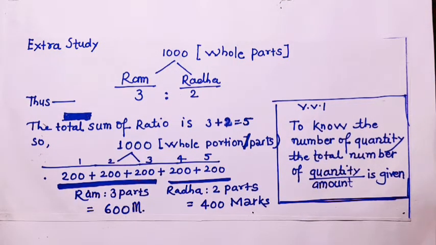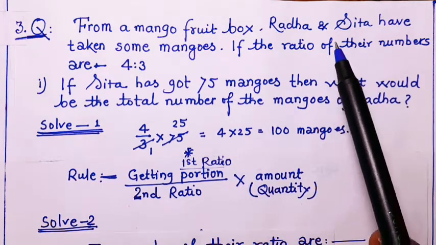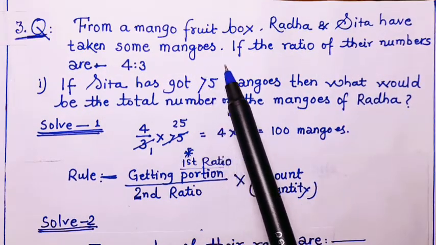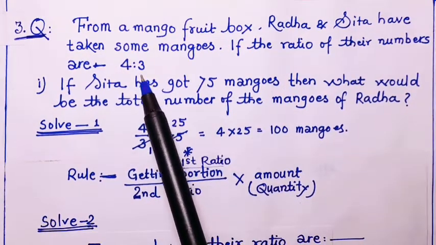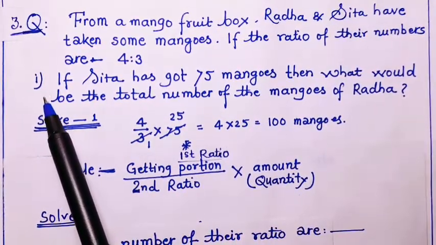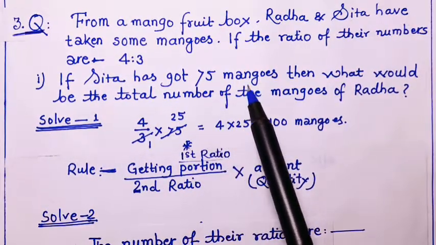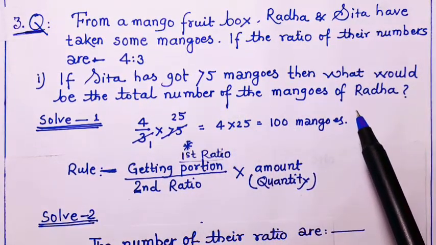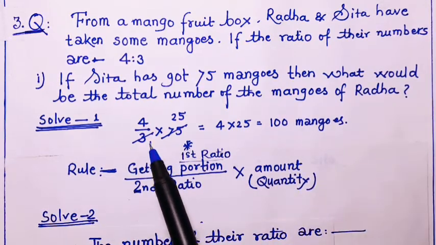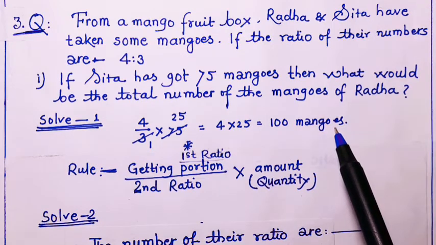The next example is the question from a mango fruit box. Radha and Sita have taken some mangoes. If the ratio of their numbers is 4 to 3, and here it is asked, if Sita has got 75 mangoes, then what would be the total number of mangoes of Radha? For this, 4 by 3 into 75, and finally we get 100 mangoes.